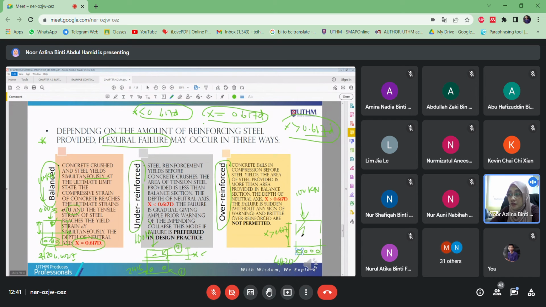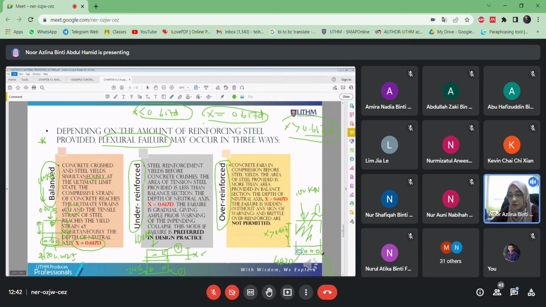But concrete is still the same portion, it's still the same grades. So that means concrete will fail first, then barulah followed by the steel reinforcement.